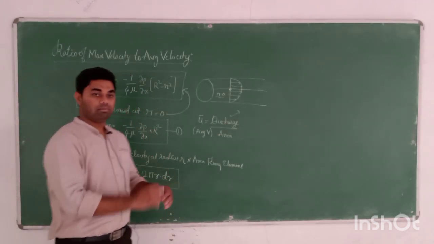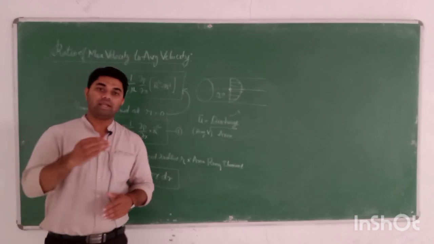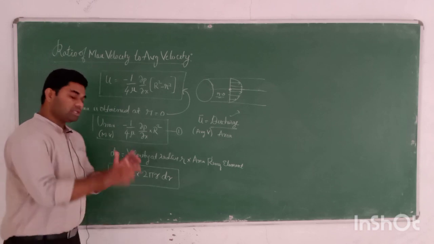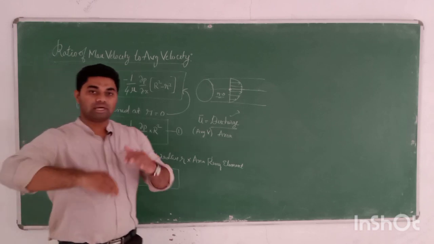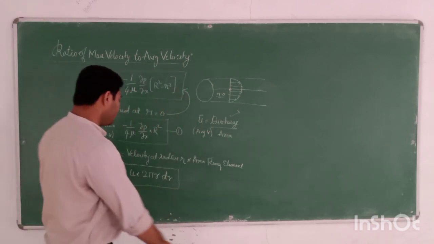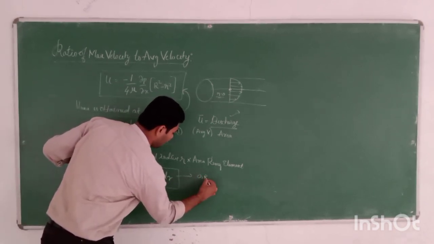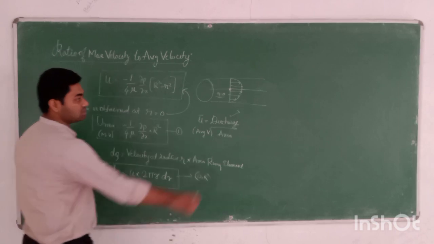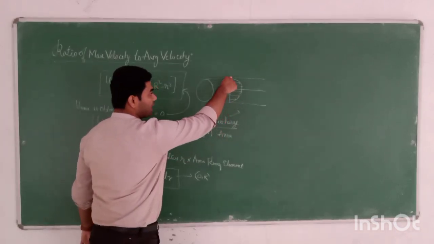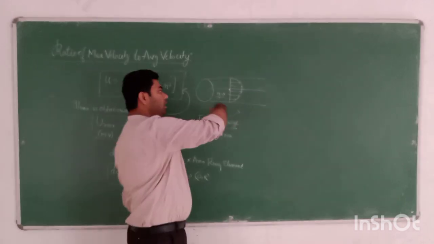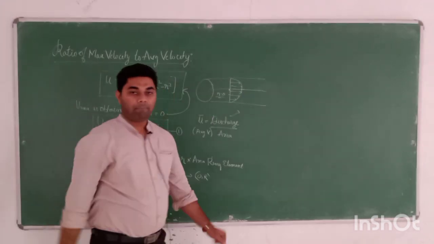When we talk about total discharge, we need to integrate this over the pipe, with the boundary from 0 to capital R. If we integrate this value, we will get the total discharge from that pipe.